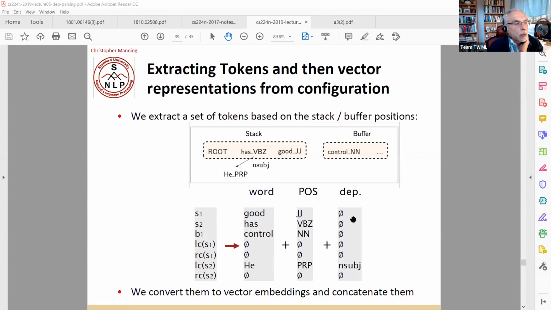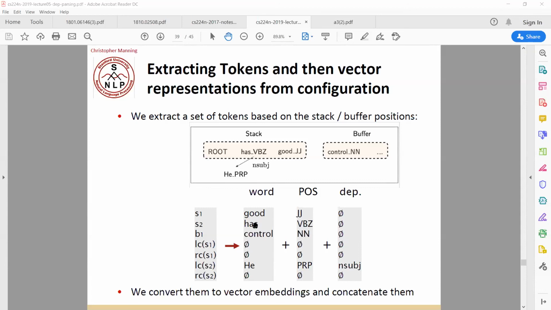That's where, when he says we convert them, and especially the first bullet up there, a set of tokens is generated based on the state of the stack and the buffer. So for every stack buffer state, you have word, POS, and dependency embeddings, concatenate them, feed them into the neural network as we go to the next slide.